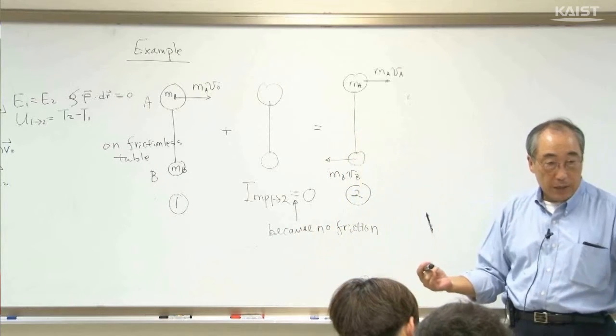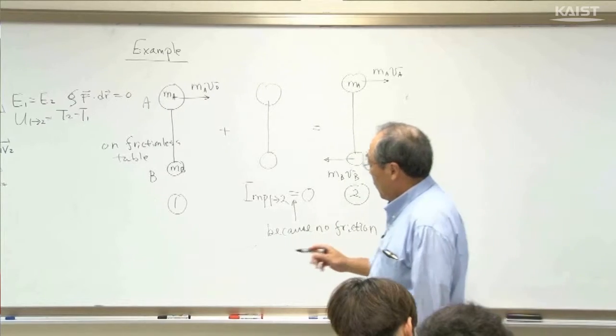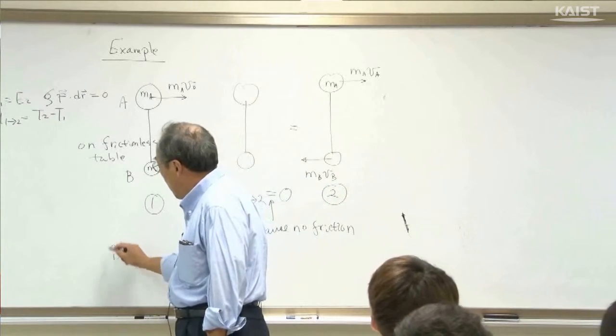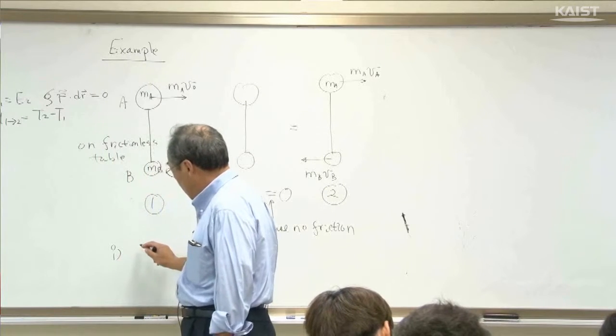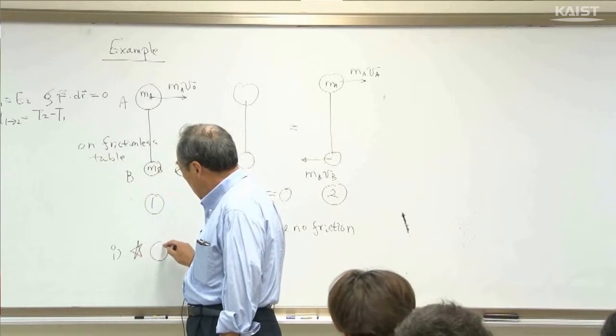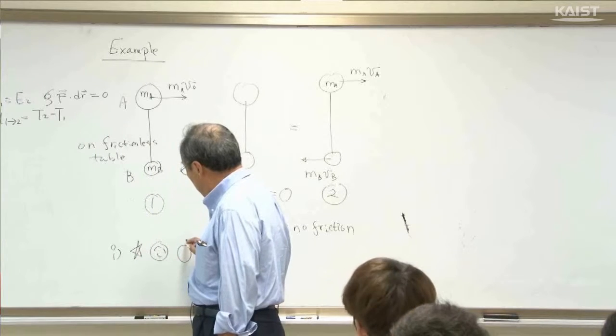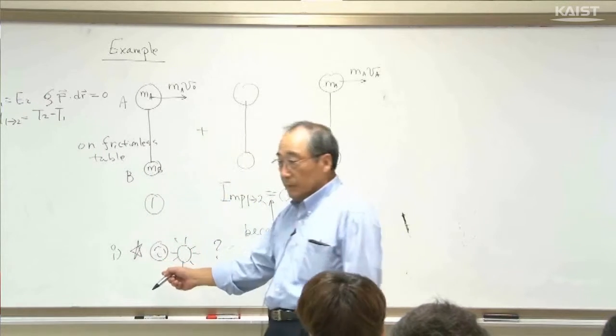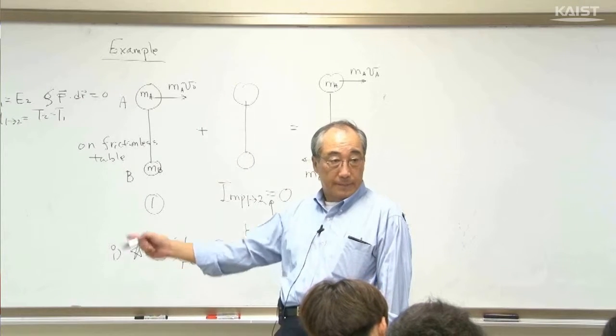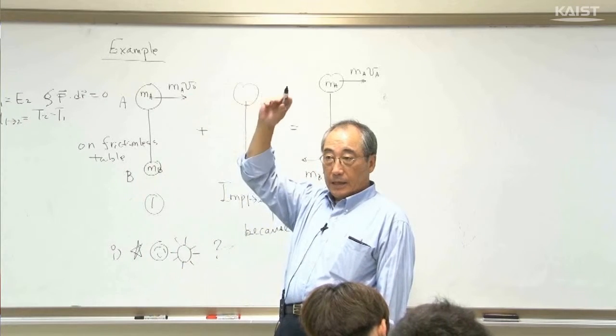Therefore, we can say first which method we would like to select: star, moon, sun. Which one? Anybody can say?